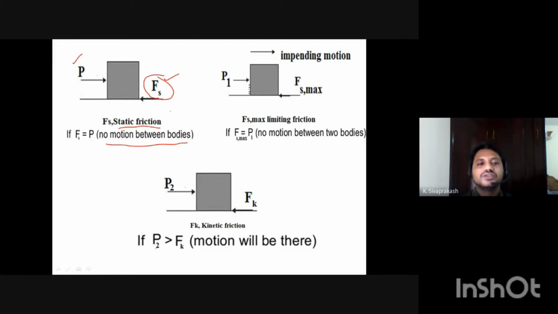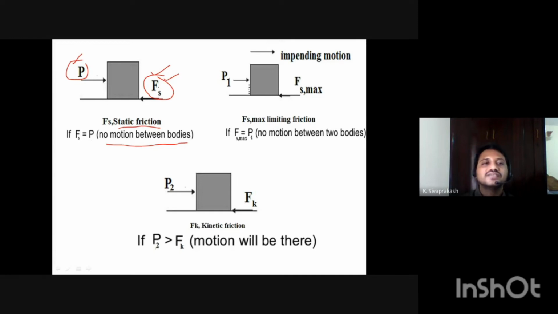Okay, what do you mean by static friction? The friction which is developed when the body is under rest condition. So here Fs is the static frictional force, and in that case the static frictional force is equal to the external force. Why? Because when you are applying the force, to balance that external force, the frictional force also opposes. So here P is equal to Fs.